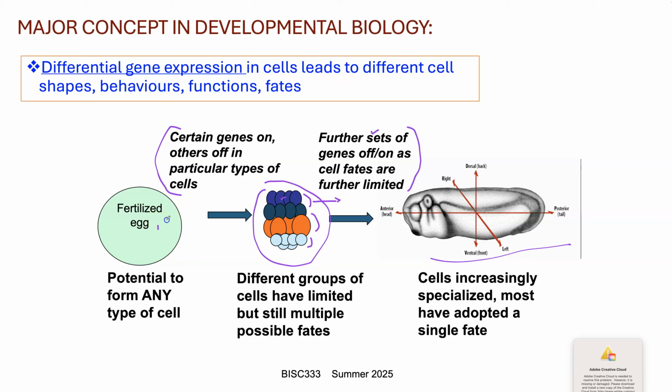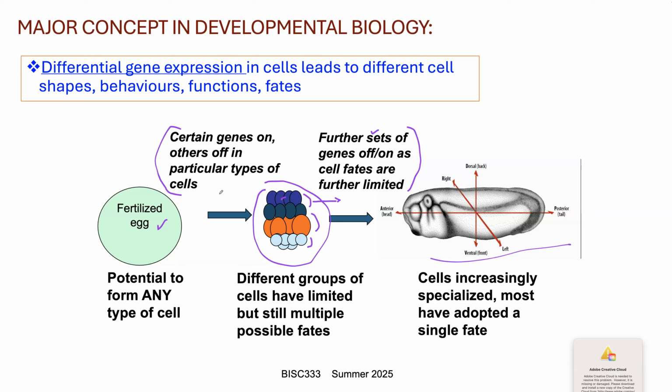So at the beginning, the cell could form any structure, but after a few divisions, usually the fates are somewhat limited. So, one of the 4 cells can only form a certain subset of structures, and the same with any of the others. Each of them still has the capacity to form lots of different kinds of tissues, but it gets more and more limited.